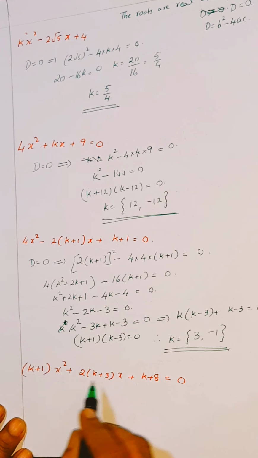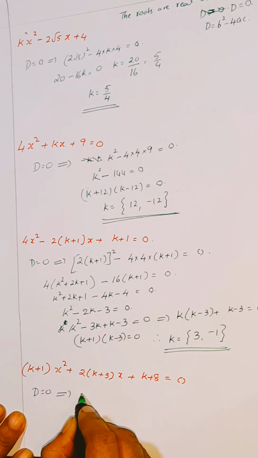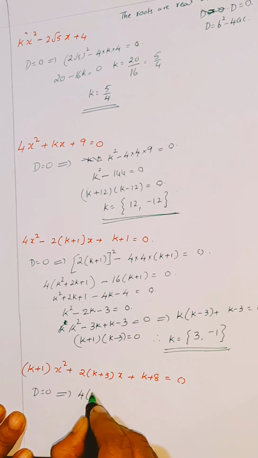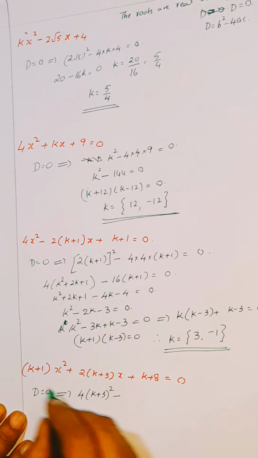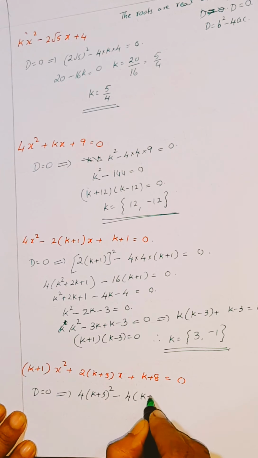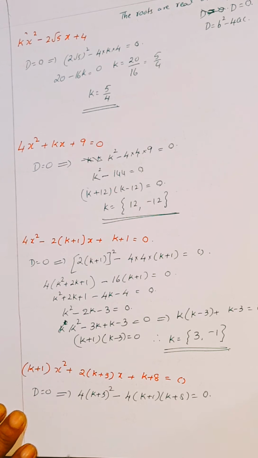So coming to this question, again D equal to 0. b squared will become, this is square, so 4 into k plus 3 the whole squared, minus 4 into k plus 1 into k plus 8 equal to 0. So again I can divide throughout by 4.